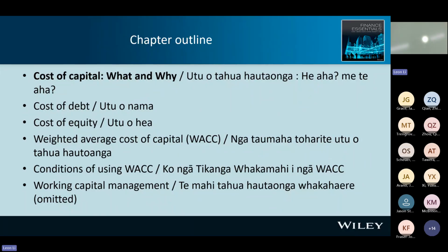But like I say, working capital management, I will skip this one. So in our class, we will discuss the 5 topics. Today, I hope to cover the first 3 topics. So what is cost of capital? Why is cost of capital important? This is our first topic.